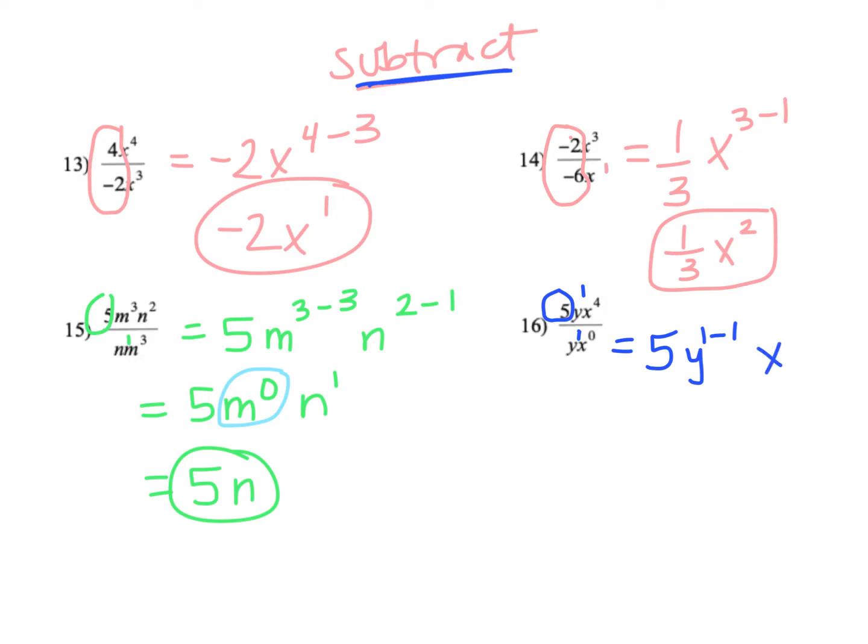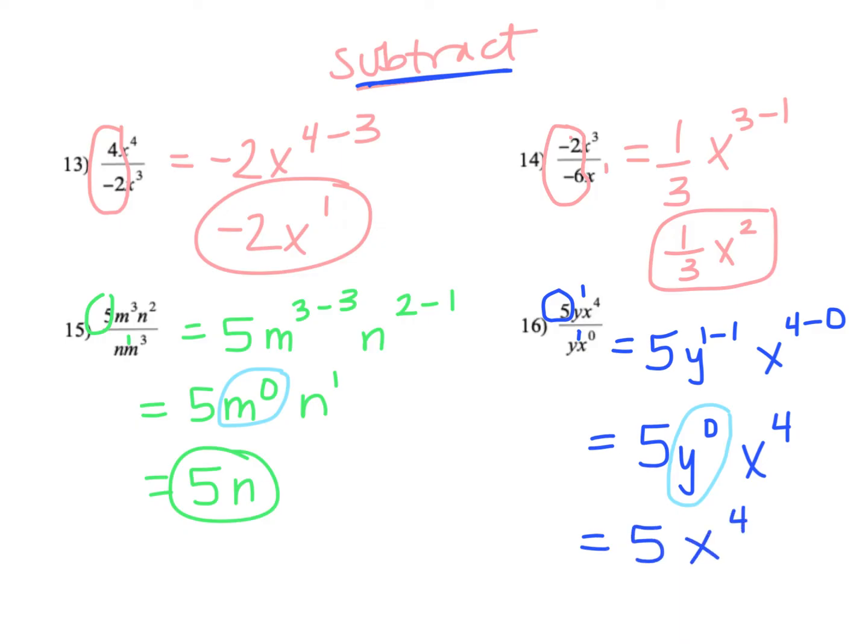And then for the x's, I'm going to keep the base and subtract the exponents. Okay, so this becomes 1 minus 1 is 0, so y to the 0 power. And 4 minus 0 is 4. And then just like the last one, anything to the 0 power is 1. So 5 times 1 is still 5. So that y becomes 1, which makes it kind of go away.